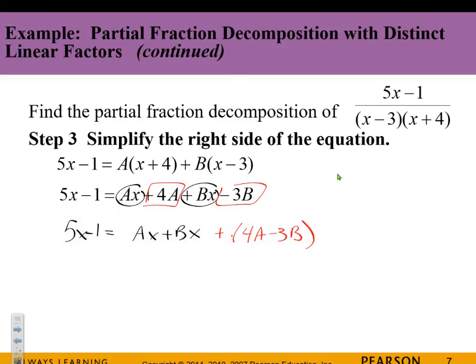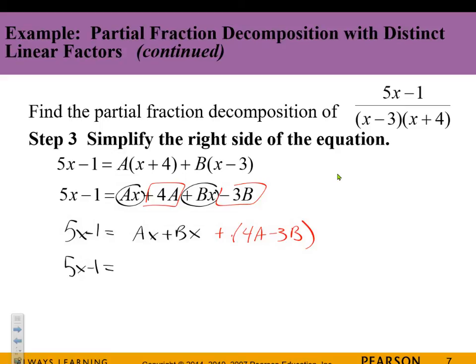Yes, that's what I want to do. All I did was group the x's together and whatever didn't have an x together. We're good? Okay. Here's my next move.